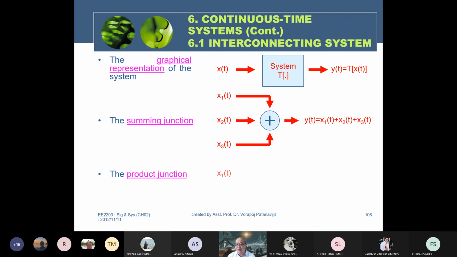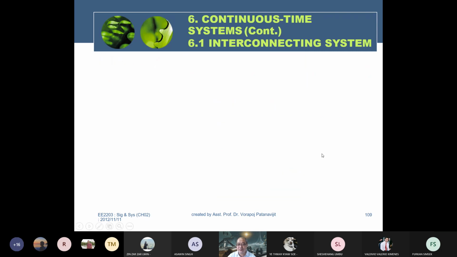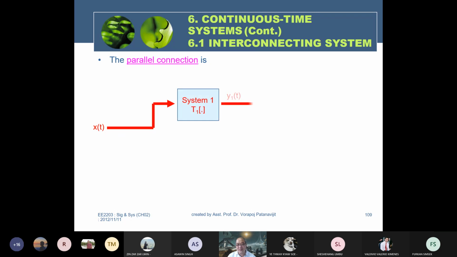For the product junction, we may use a circle to multiply between 2 inputs, x1 and x2, as shown here. The parallel connection is when we have two blocks, system 1 and system 2.